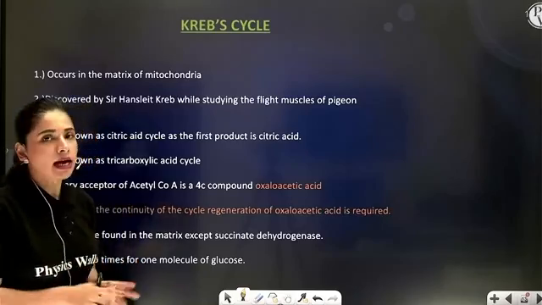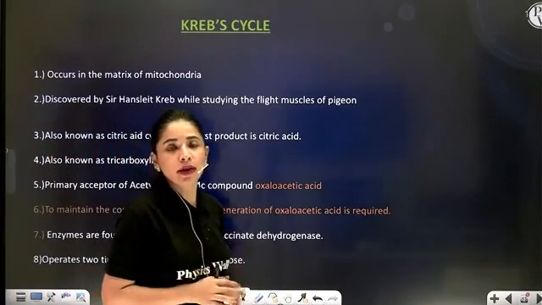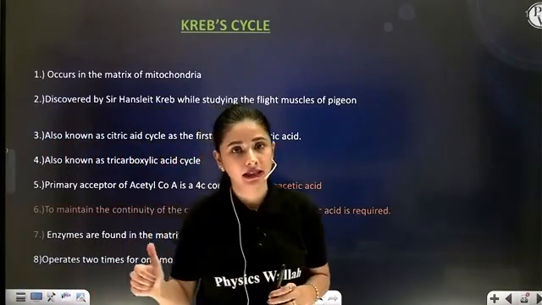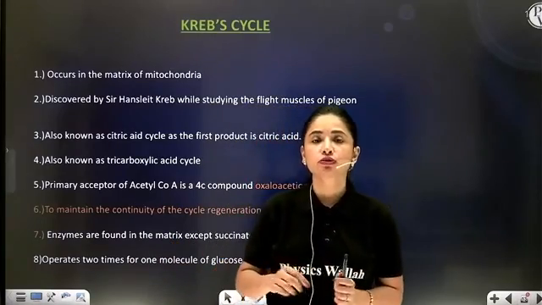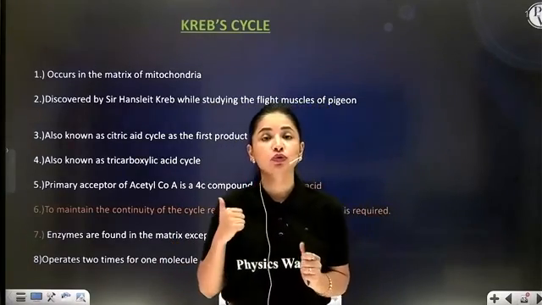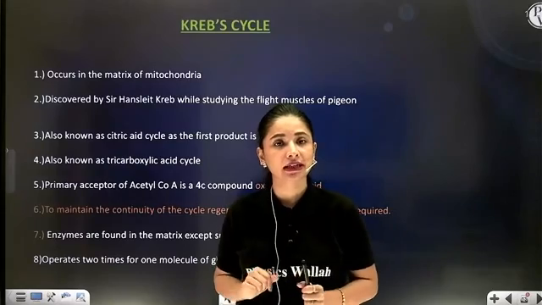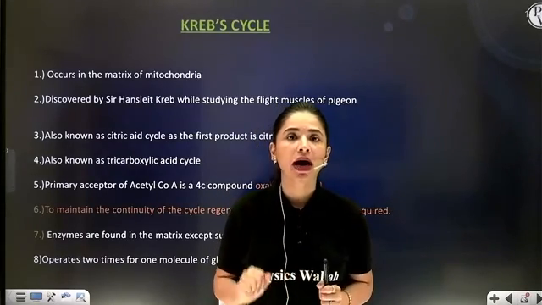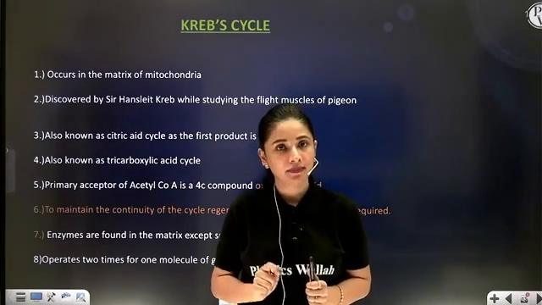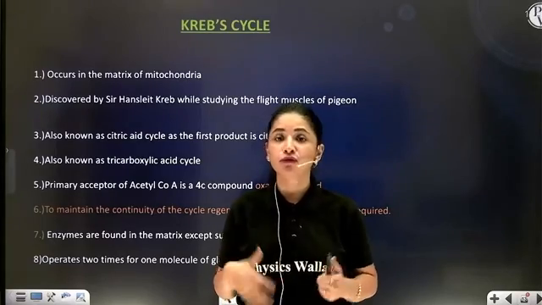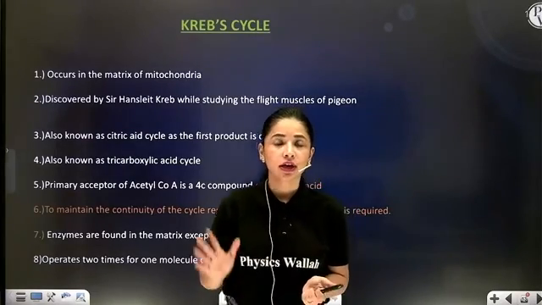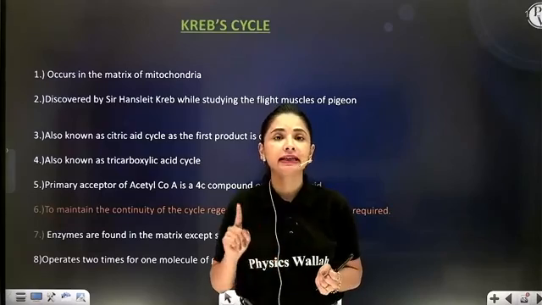Now we are going to start the next process in aerobic respiration, that is the Krebs cycle. The substrate which is going to participate in the Krebs cycle is a 2-carbon compound, acetyl coenzyme A. From where did you obtain this acetyl coenzyme A, dear students? You obtained it after the link reaction.